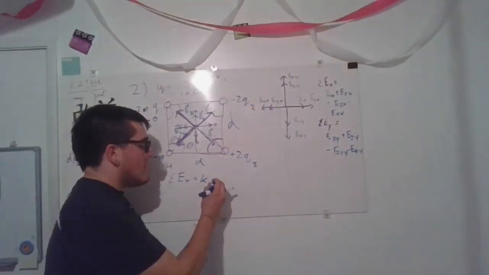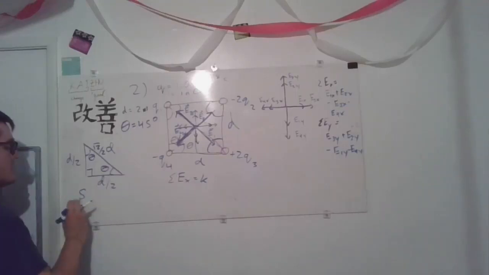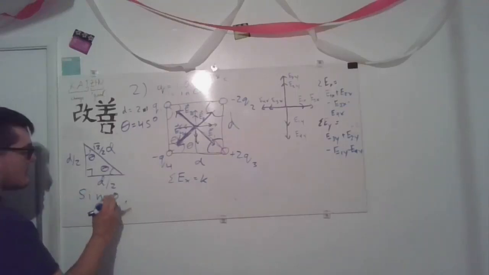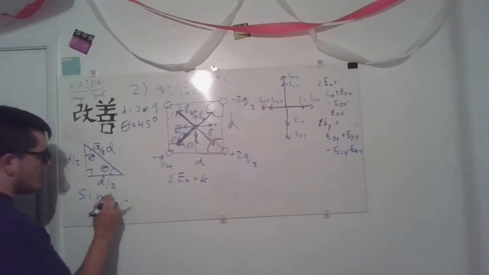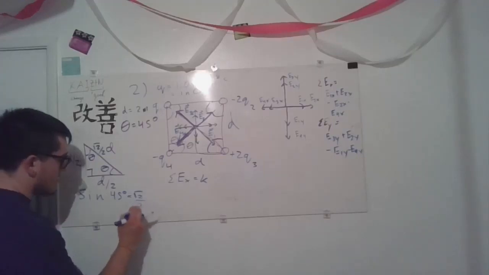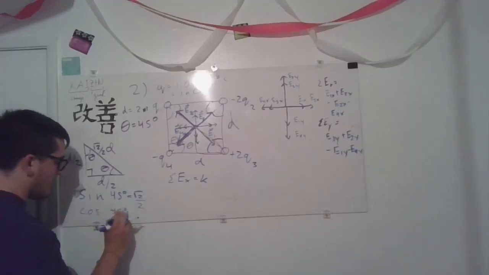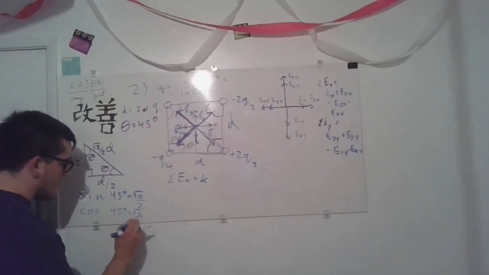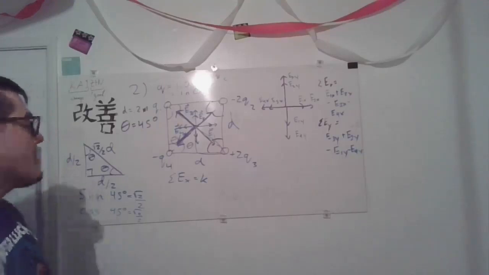So I'll factor out, hold on, I'll just write it just in case anybody doesn't remember. Sine of theta for this theta of 45 degrees is rad 2 over 2. And cosine of 45 degrees is also rad 2 over 2. So we're pretty much going to pull rad 2 over 2 out.